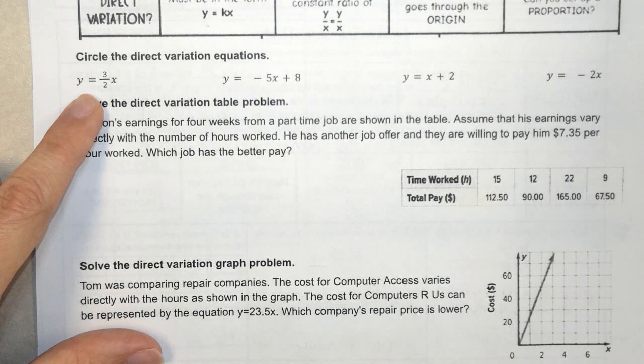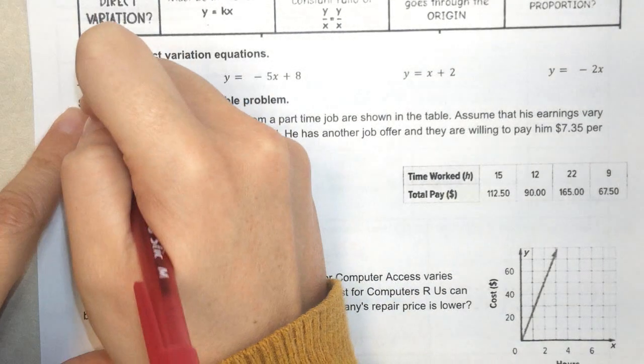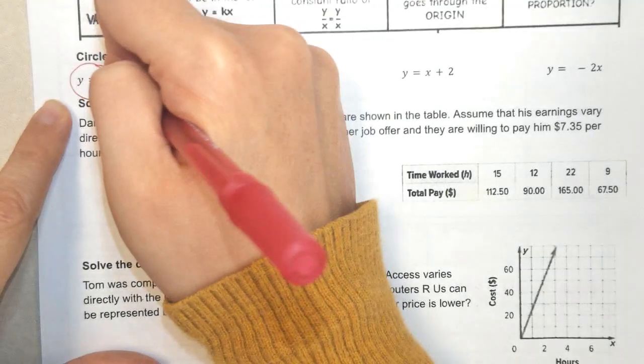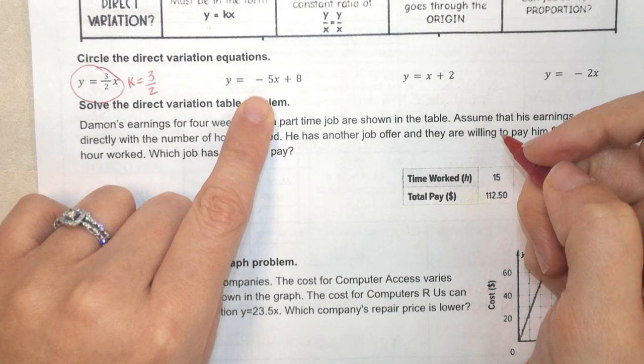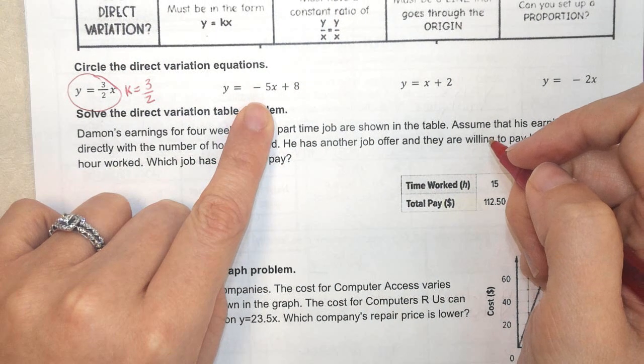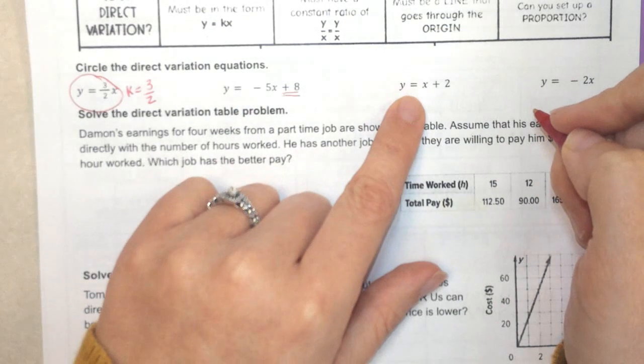Hopefully by now you've circled at least one. So the first one, should it be circled? Yes. What is my k value in this one? 3/2. Very good. Is this one in y equals kx form? No. Why not? Plus 8 at the end. Very good. Is this one in y equals kx?